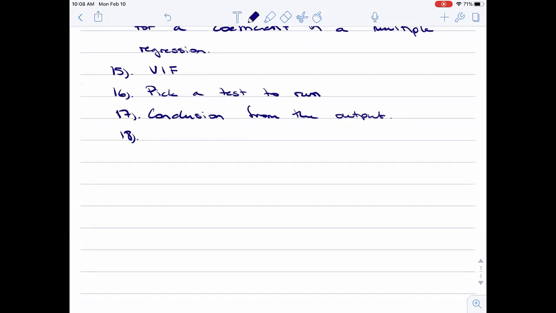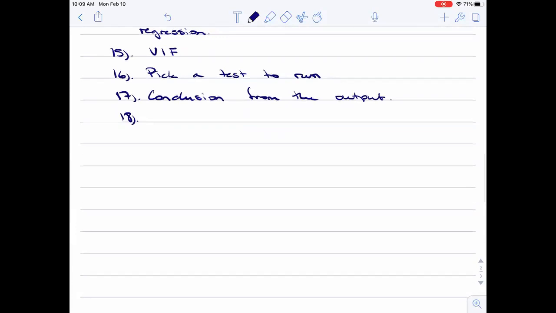This one I'm keeping in here. We didn't really talk about interactions between 2 quantitative variables, 2 numerical variables. But maybe look into it and be able to explain why we might want to do that.